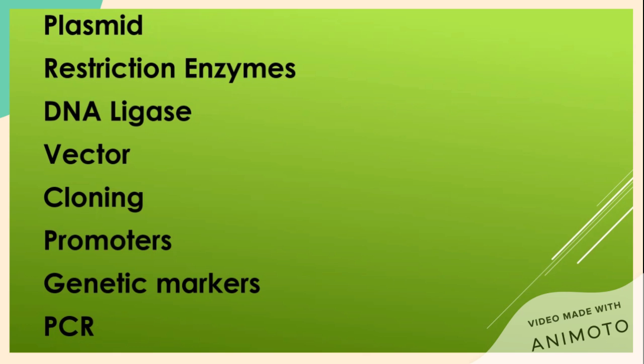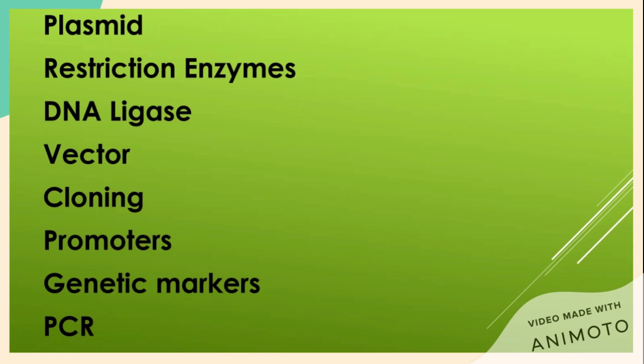We won't be going through promoter and genetic markers and PCR. We're not going to be looking at that. But PCR stands for Polymerase Chain Reaction, and it is just an expressed method of mass producing copies of DNA.